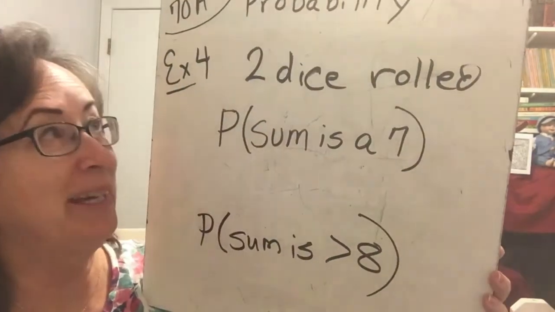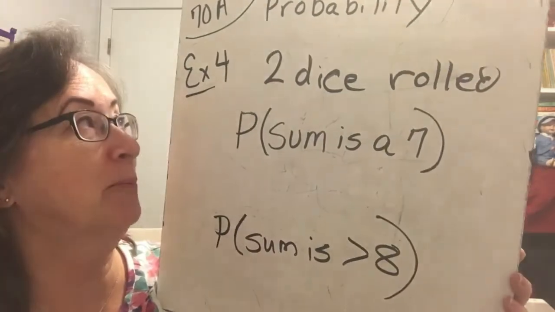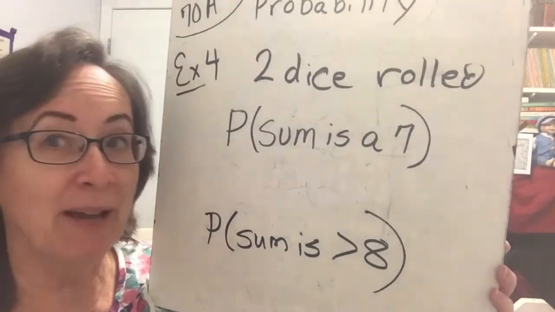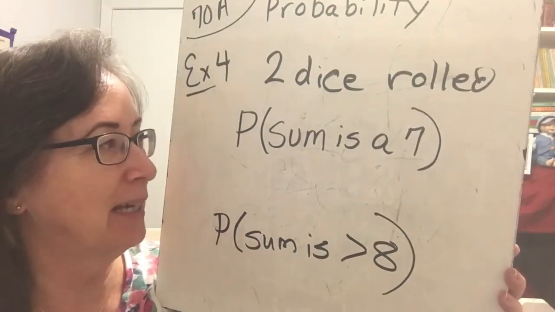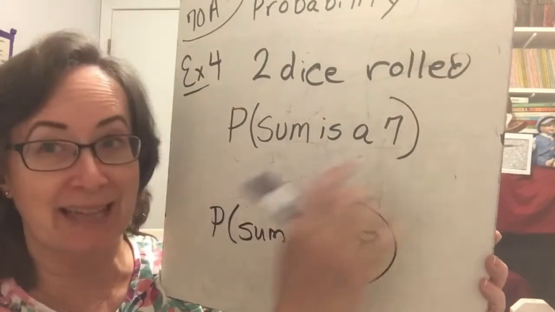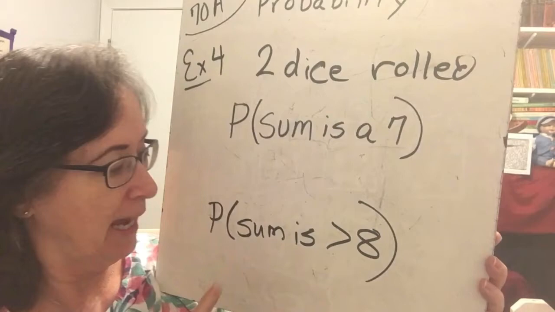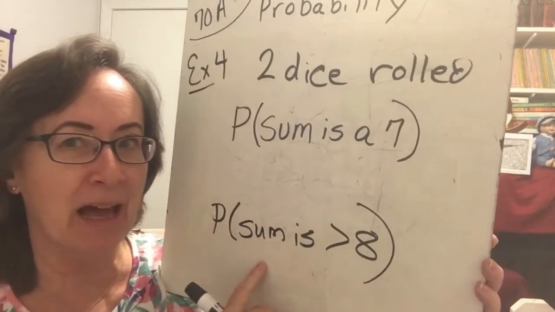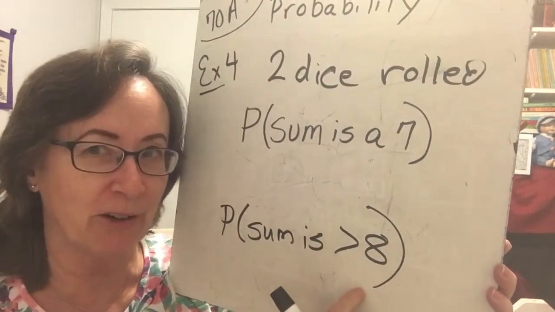All right, so here we have another example, example 4. We have 2 dice rolled. What is the probability that the sum of the 2 rolls is exactly 7? And what is the probability that the sum of the 2 rolls is greater than 8? Now, in order to do this problem, we need a little chart, which I'm not going to draw for you because they have done the little chart very nicely in your book.